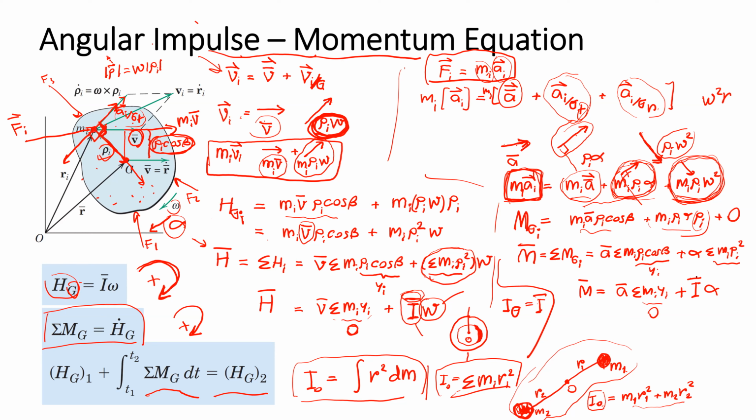So yes, here we relate the moment about the center of gravity. The sum of the moment about the center of gravity is equal to I bar, the moment of inertia about the center of gravity, multiplied by alpha.